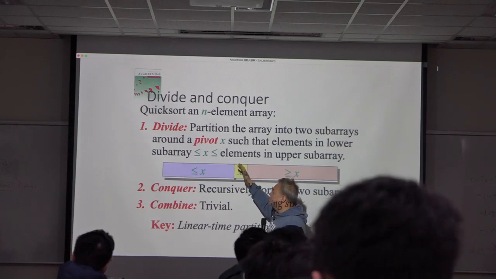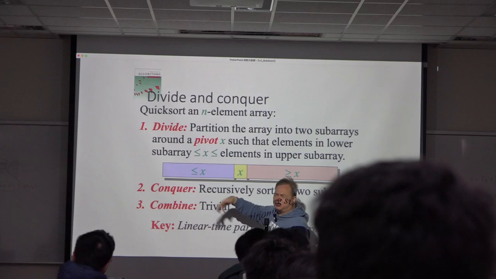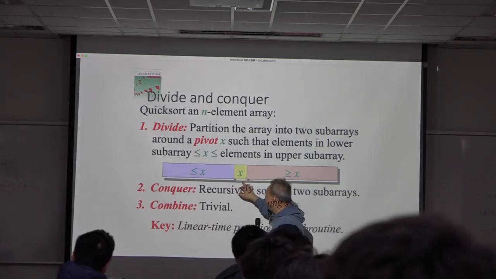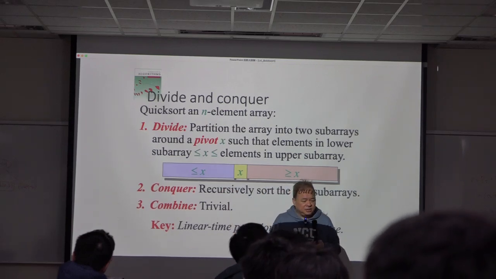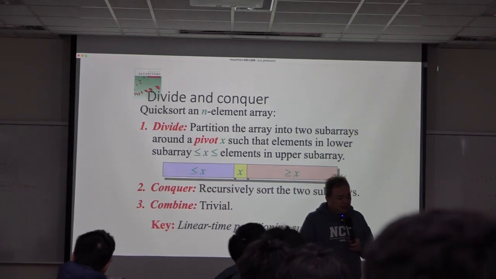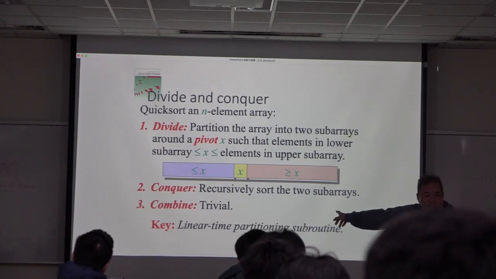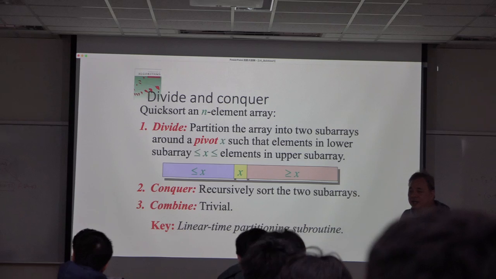So the most of the work, as I say, happens in the division. And for this x, there are a few implications here. First, if this is the case, x is already at the right place.